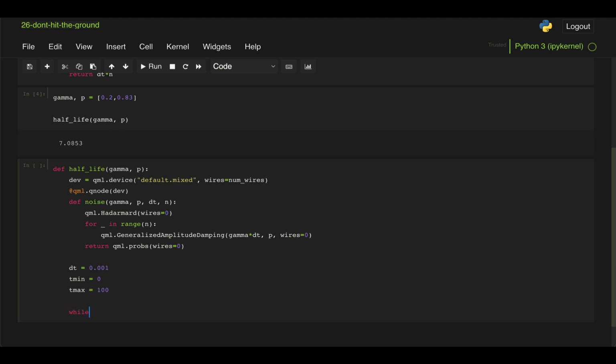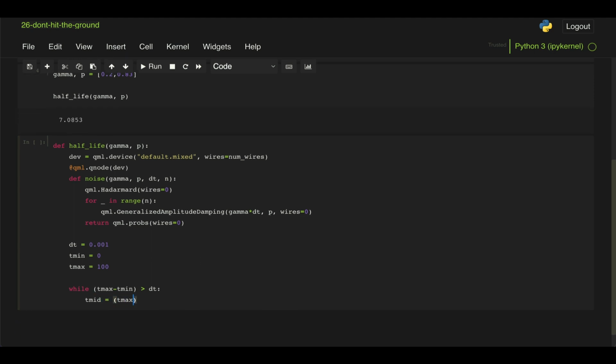So we do that by doing a while loop where our Tmax minus Tmin is greater than our delta t. And then we define a Tmid, so the mid value that is going to be between those Tmax and Tmin, and then calculate our probability by calling this noise Q node where we're going to pass the number of steps as the integer value of this Tmid divided by our delta t.